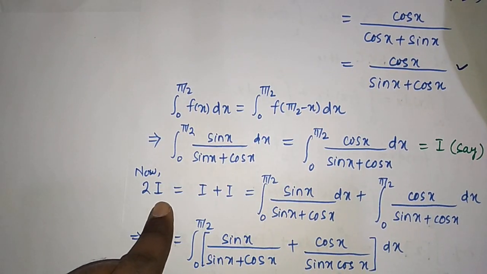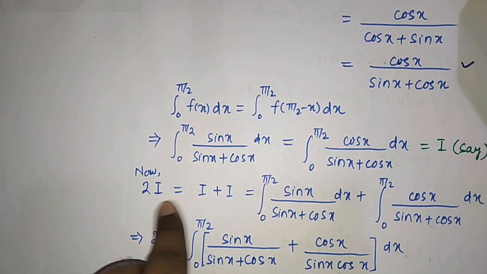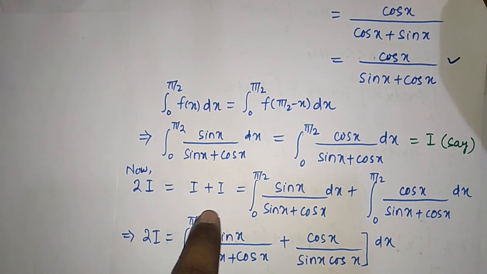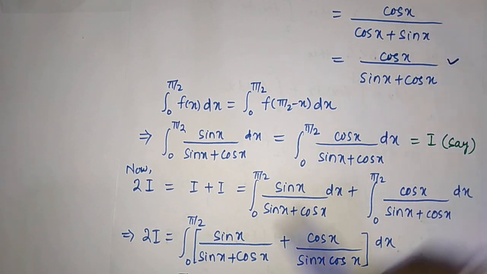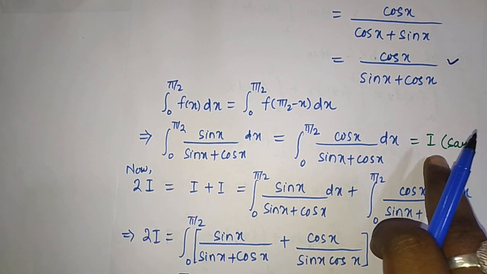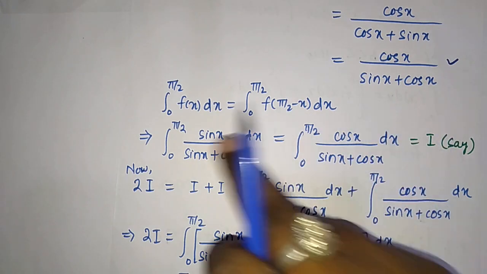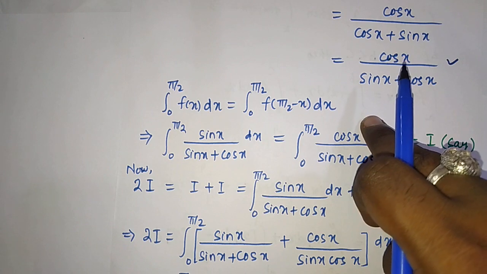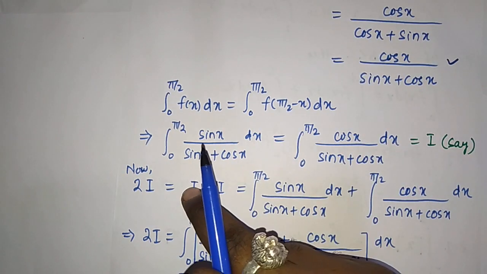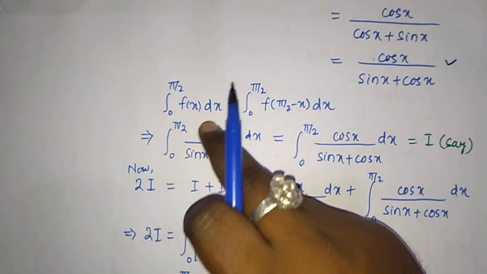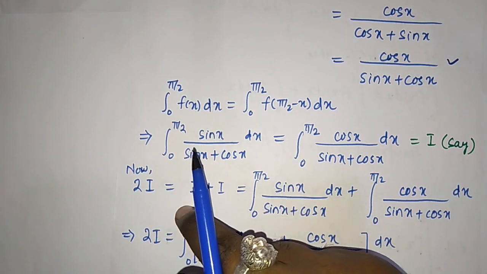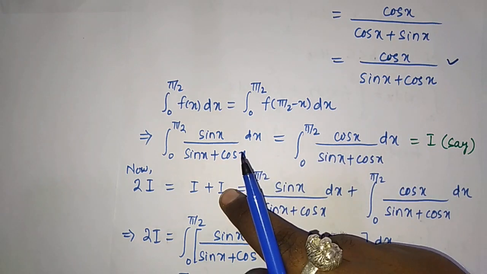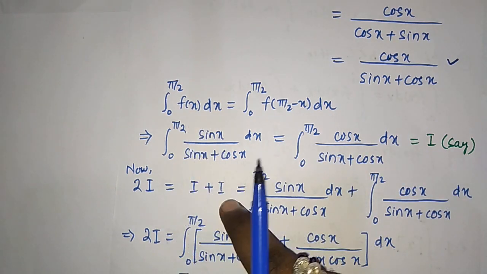We know 2I can be written as I plus I. You have taken these two integrations as I, which means the value of this is I and this is also I. Once you put this value in place of the first I, and once this value in place of the second I.